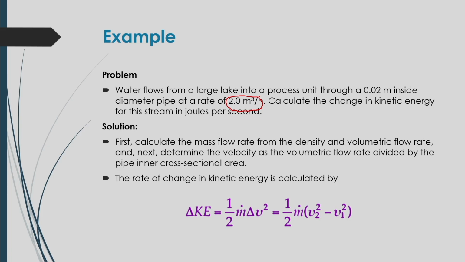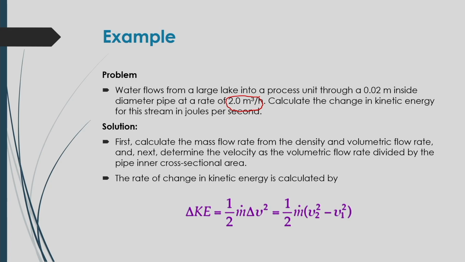So, what should be the cross sectional area? It will be simply pi d square by 4, if d is the diameter, and if you know the cross sectional area, then you can easily calculate the velocity, simply volumetric flow rate by cross sectional area. So, here you can get this velocity.